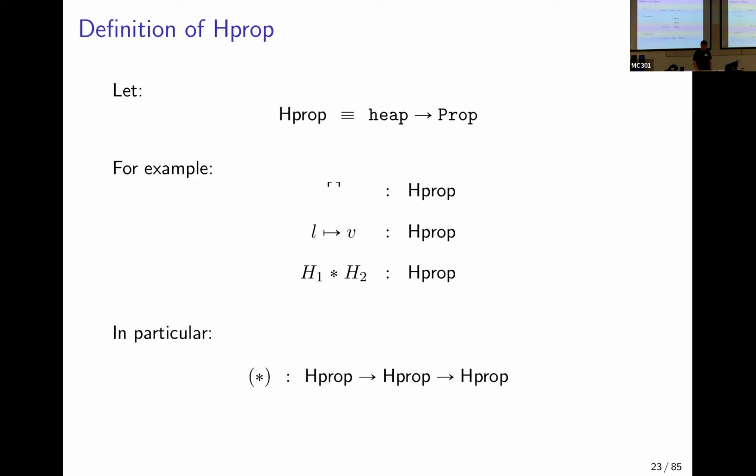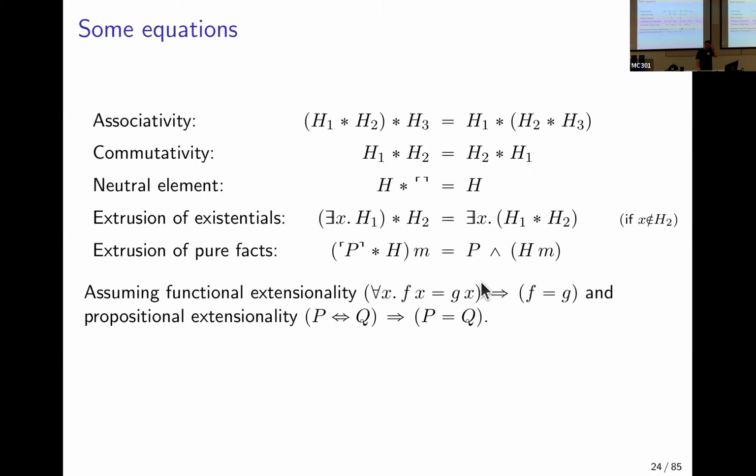Okay. So now it'll be a bit more about logic. I'll talk about heap entailment. So what is heap entailment? First, we can notice that heap predicates have some kind of internal law. The star: you can combine two heap predicates and you get a heap predicate. And you have a few other operators to build heap predicates. On those heap predicates, you have a bunch of laws. You have associativity, commutativity, neutral elements with a pure heap.